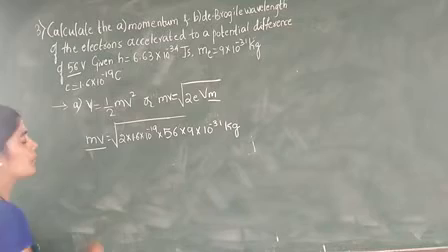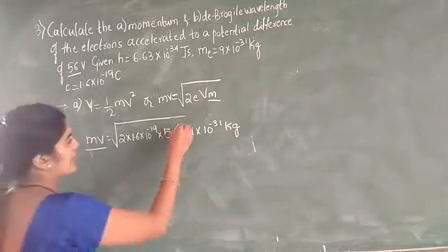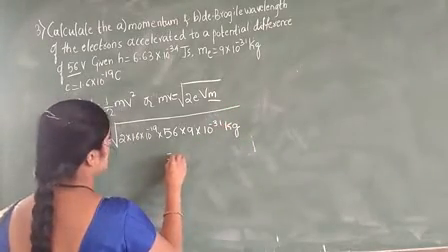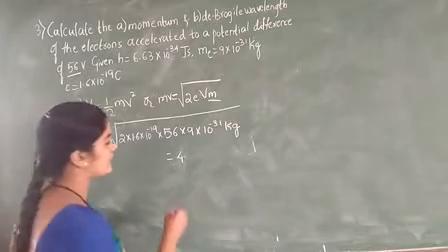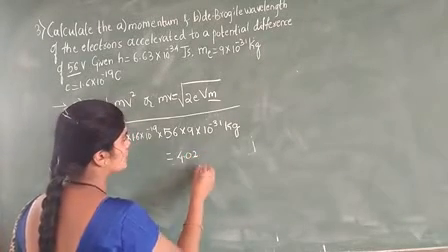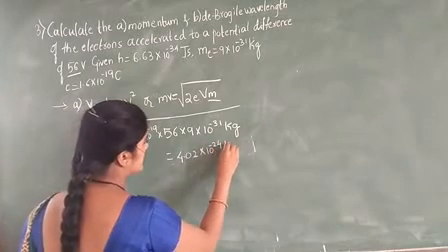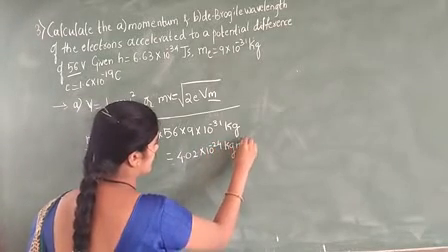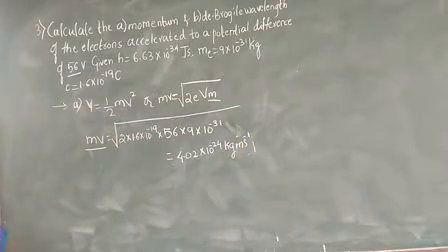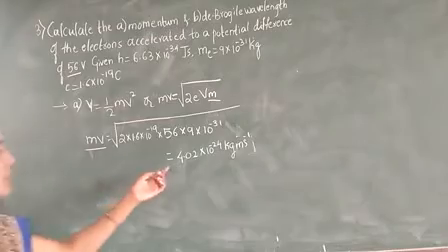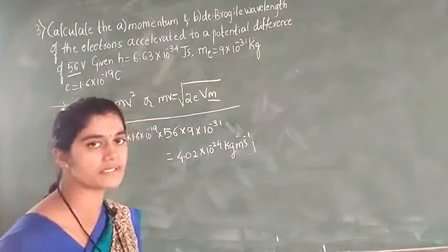Now momentum P is equal to mv. The calculation gives mv as 4.02 into 10 raised to minus 24 kg meter per second. The value of the momentum P is equal to mv is equal to 4.02 into 10 raised to minus 24 kg meter per second.